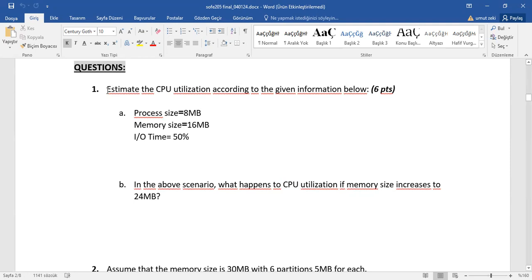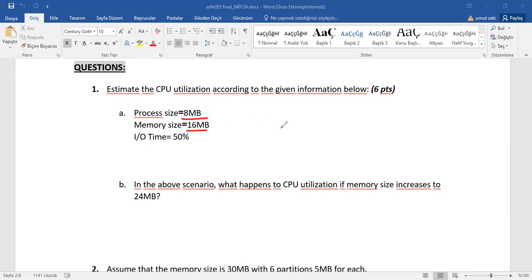In the first question, we are going to estimate the CPU utilization according to the given information below. We did this kind of question before. Look, process size and memory size.